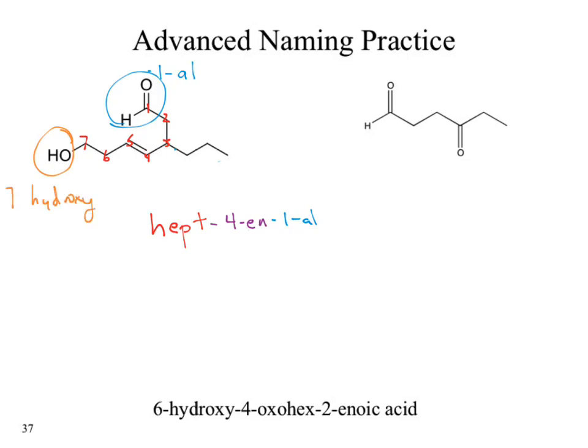Its location is at position 7, so a 7-hydroxy. Is there another functional group? We've got the 3-carbon train out here, which is now a prop, okay, because it's all just singly bonded. Propyl as our substituent. Where is that starting at? Position 3.